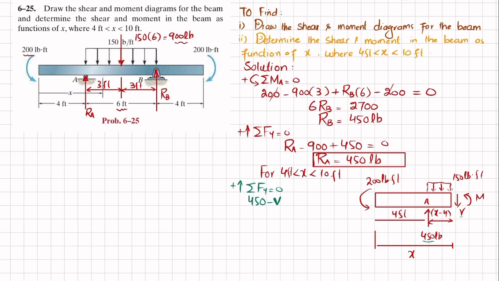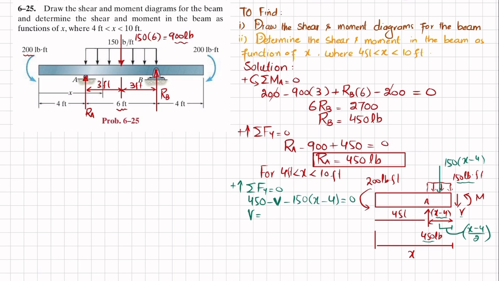So minus V, and when you convert this uniformly distributed load into a point load, it will be equal to 150 into the length over which it acts, which is x minus 4, and that will act at a distance of (x minus 4) divided by 2. Okay, so the load is 400 minus V minus 150 into (x minus 4) is equal to 0.